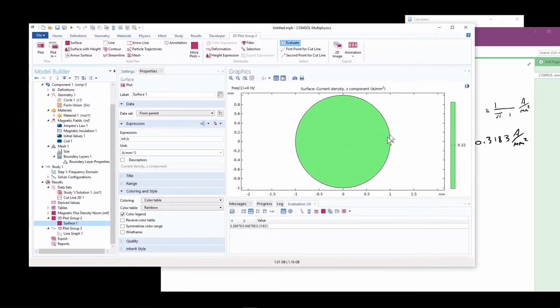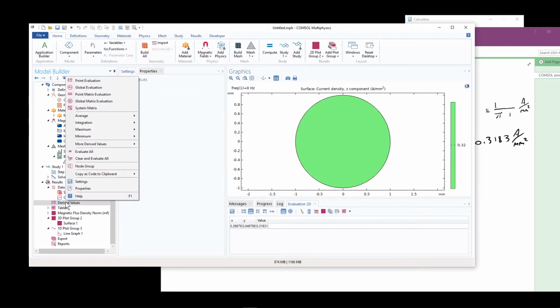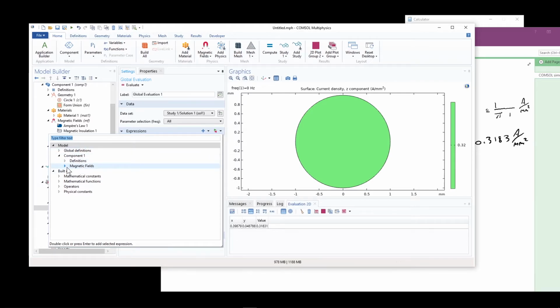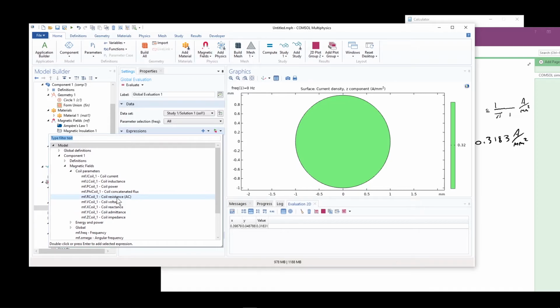Okay, so now let us see how to calculate the resistance of this wire. What we can do is that we can actually right click on derived values and select the global evaluation, and here we click on expression and then magnetic field, coil parameter, and then we can select AC resistance.